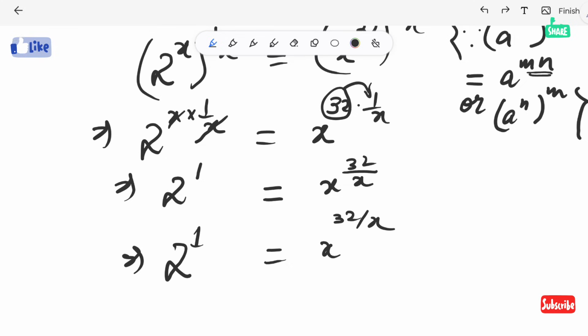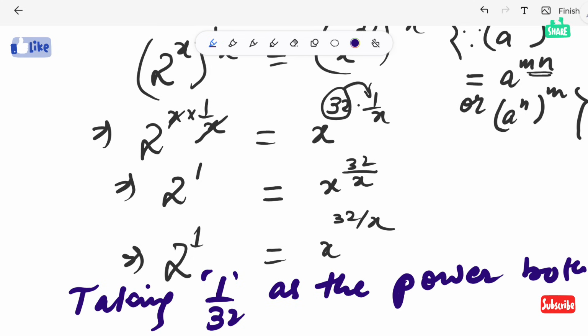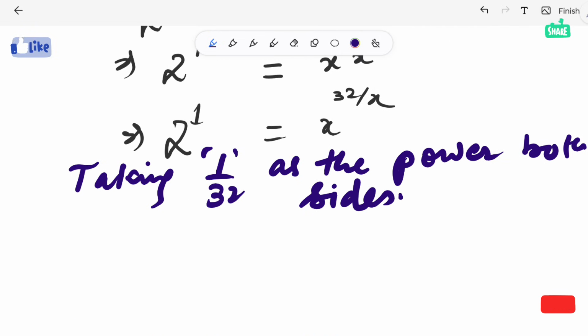How can the power 32 be removed? By taking 1 by 32 as the power on both sides. Okay, then what will happen, tell me.